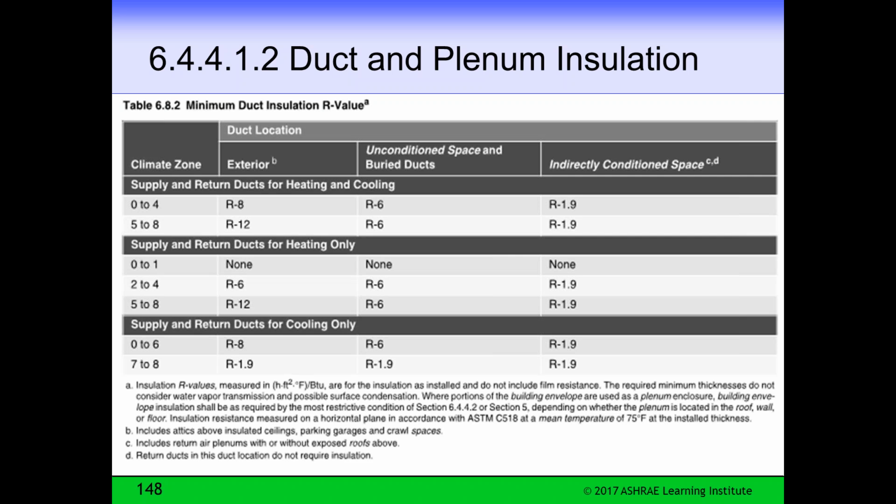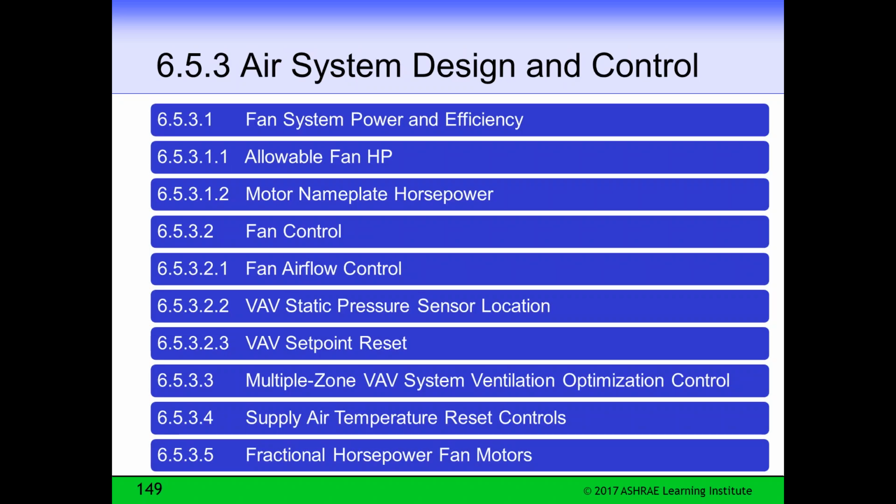Again, by climate zone, and whether the duct is located outside of the building, in unconditioned spaces and buried ducts, or directly in the conditioned space, we have different values. But again, they're minimum values, and these are very reasonable values.